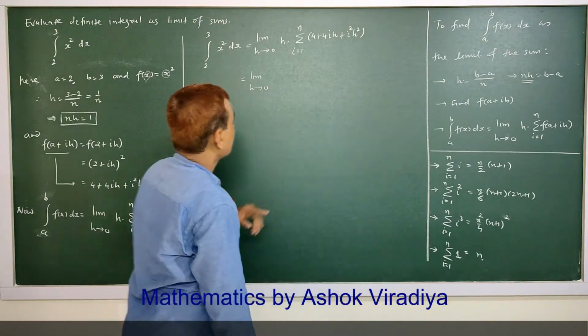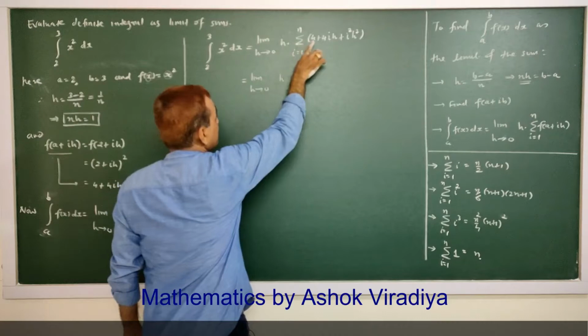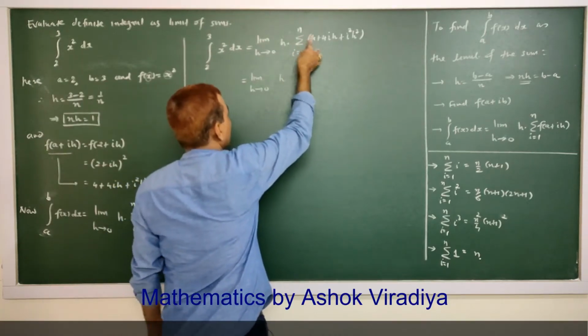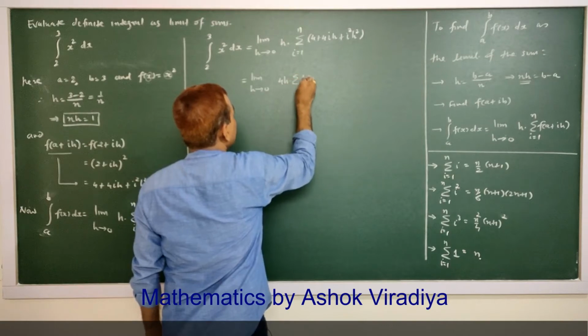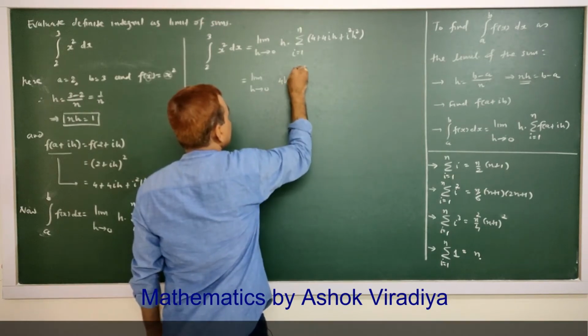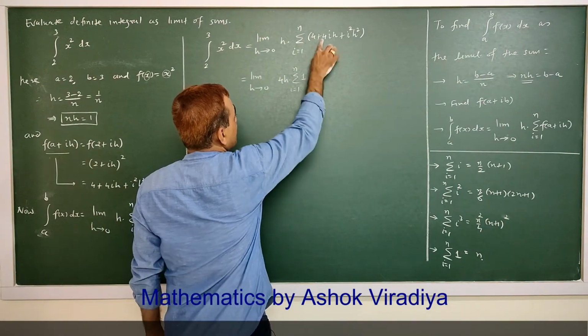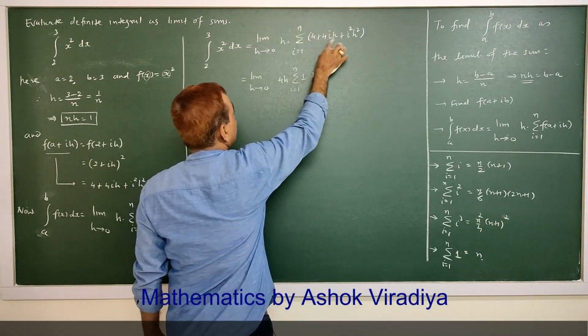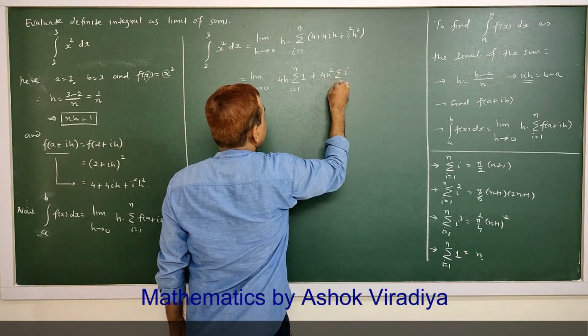So here h is kept as it is, multiplying h with this sigma. 4 is taken out, so 4h into sigma 1, and here 1 is left. Plus 4h I am taking out, 4h into h, so 4h square sigma i.